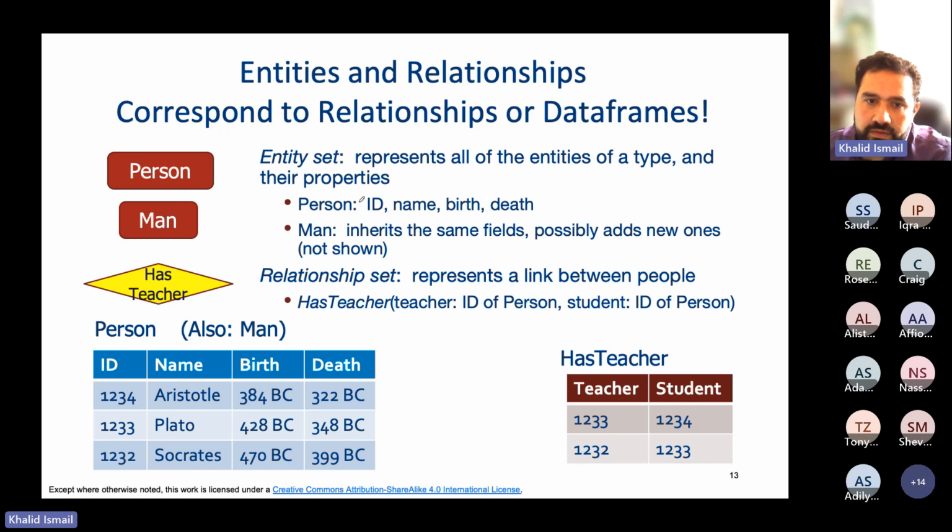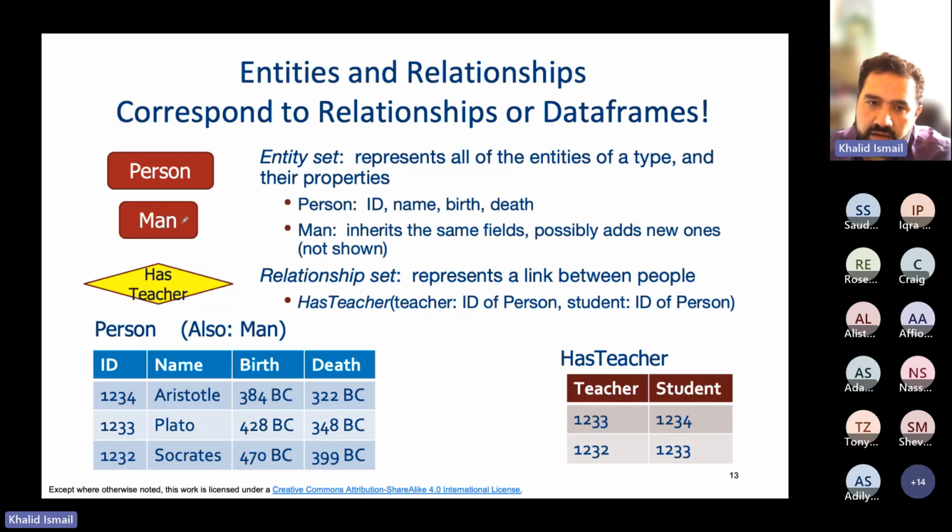Right. So moving here, we have the entity set, or the class, which represents all the entities of a type and their properties, such as person here, which has ID, name, birth, and death properties.